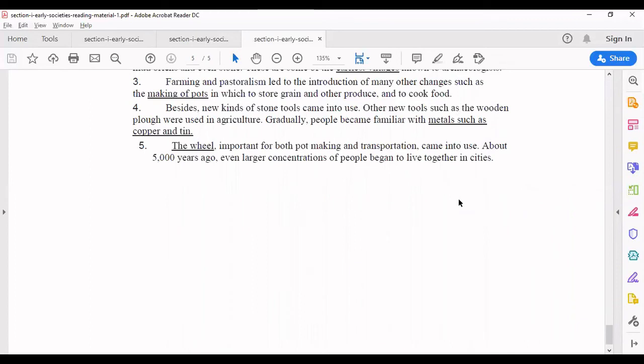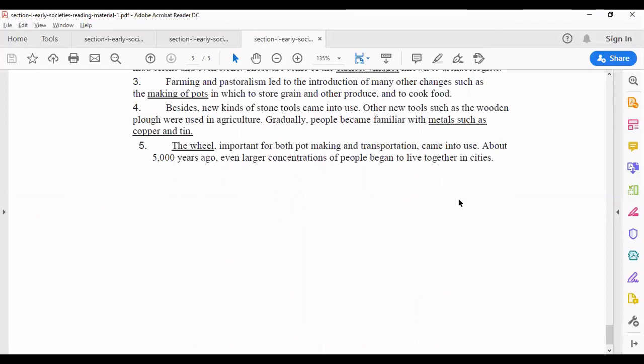Farming and pastoralism also led to many other changes, such as the making of pots, in which we store grains and other produce and cook food. New kinds of stone tools came into use, and other tools, such as the wooden plow, were used in agriculture.